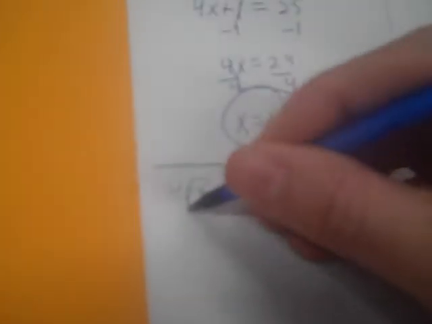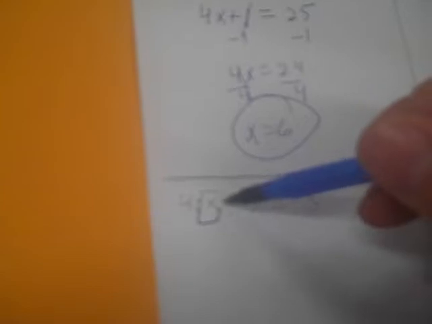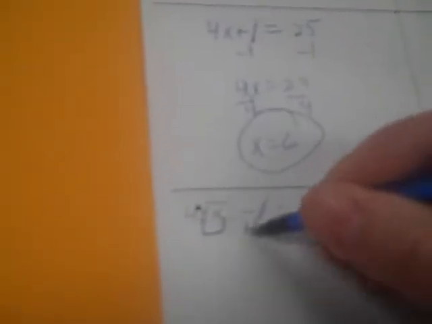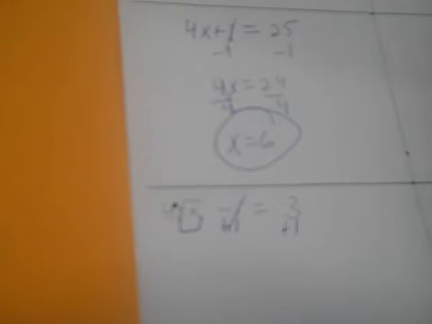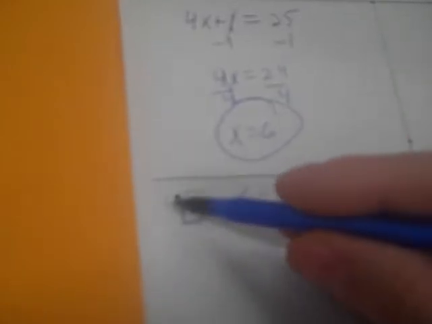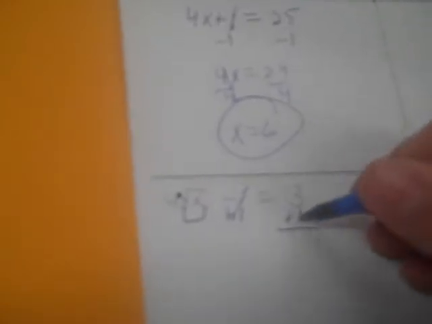Mark where the square root begins and ends. Now I have two operations outside the square root. I have a minus 1 and a times 4. We have to undo the minus or plus first. So 3 plus 1 is 4, and I divide by 4.